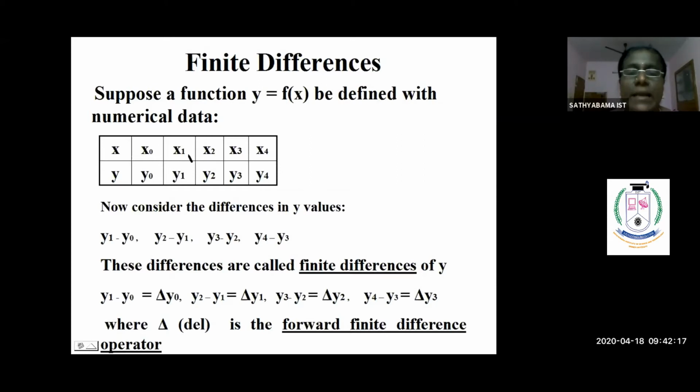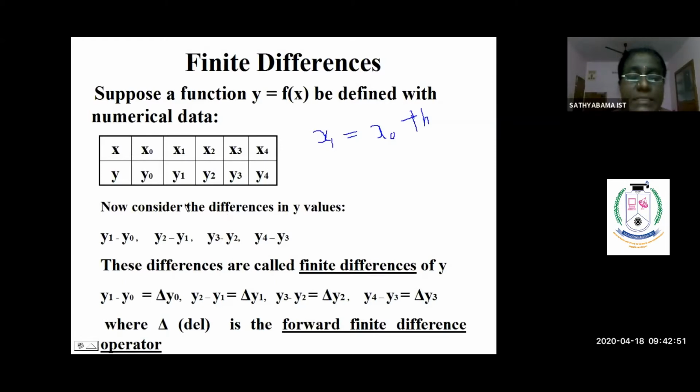How am I getting x1? x1 is obtained from x0 by adding a value h. What is h? The common difference. In the same way, x2 is obtained by adding the same value h to x1. So this is the meaning of equally spaced.